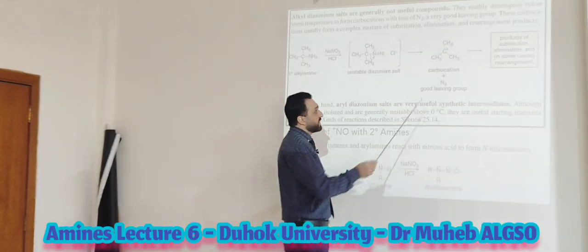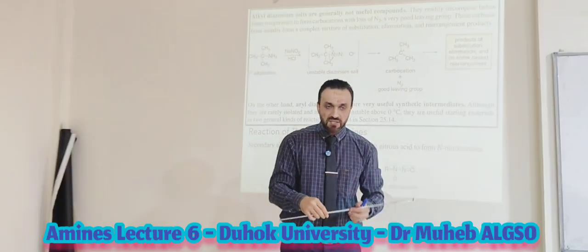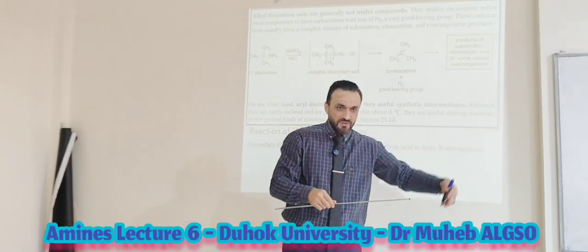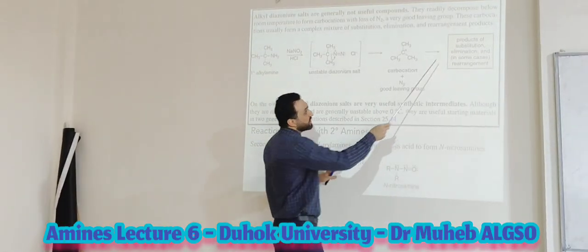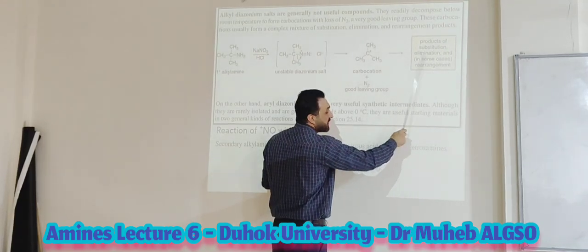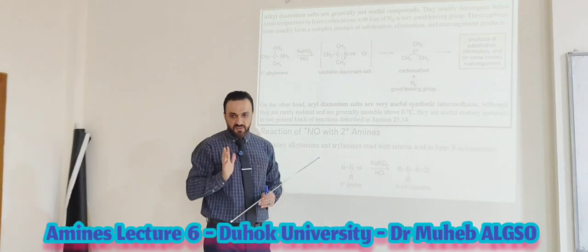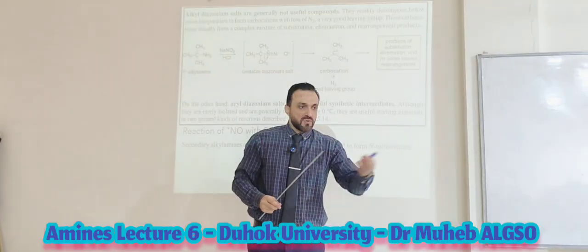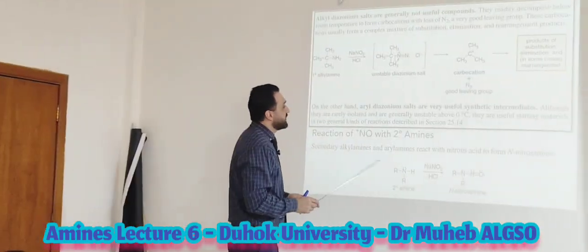So, if you have a carbocation in your reaction mixture, that means the product will be a multi-product mixture, not one product: products of substitution, maybe products of elimination, maybe products of other side reactions. For this reason, it is not useful. You want something, but your reaction gives you many things.